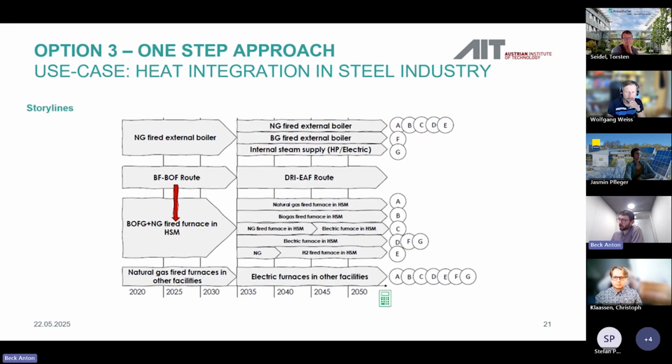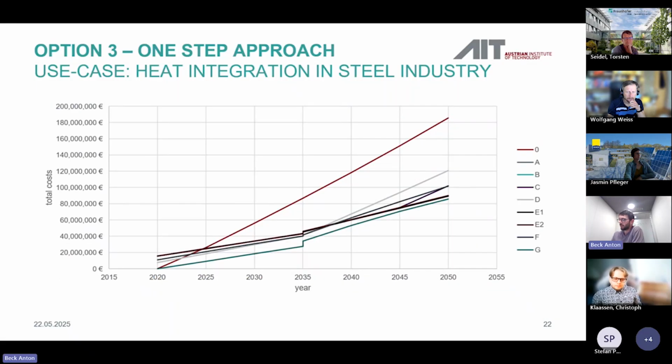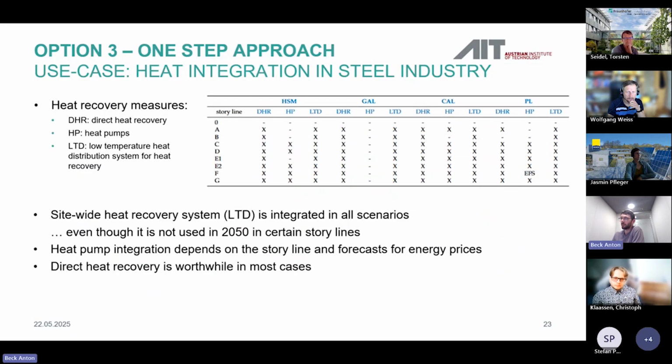Yeah, as mentioned, we defined a lot of scenarios which we looked at, and we calculated total costs until 2050, and we saw that for most facilities, direct heat recovery was integrated, and also a more expensive heat distribution system was considered, even though it was not utilized until 2050.